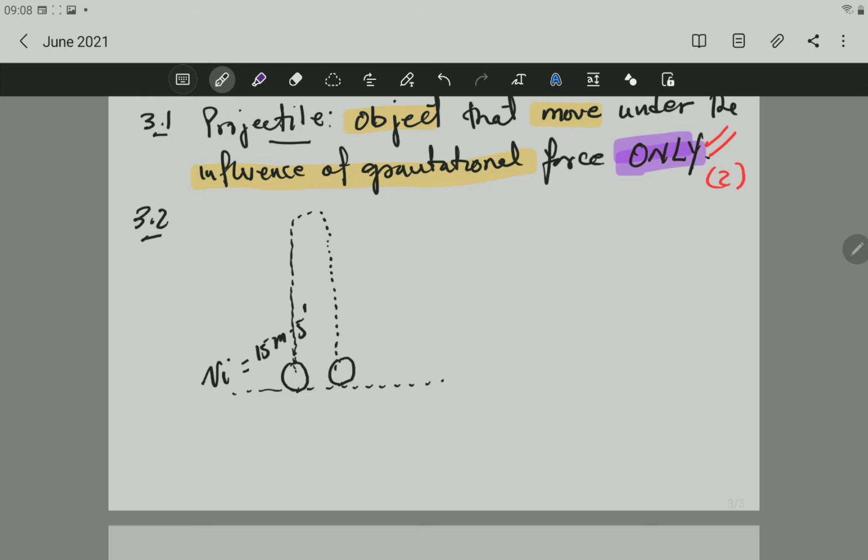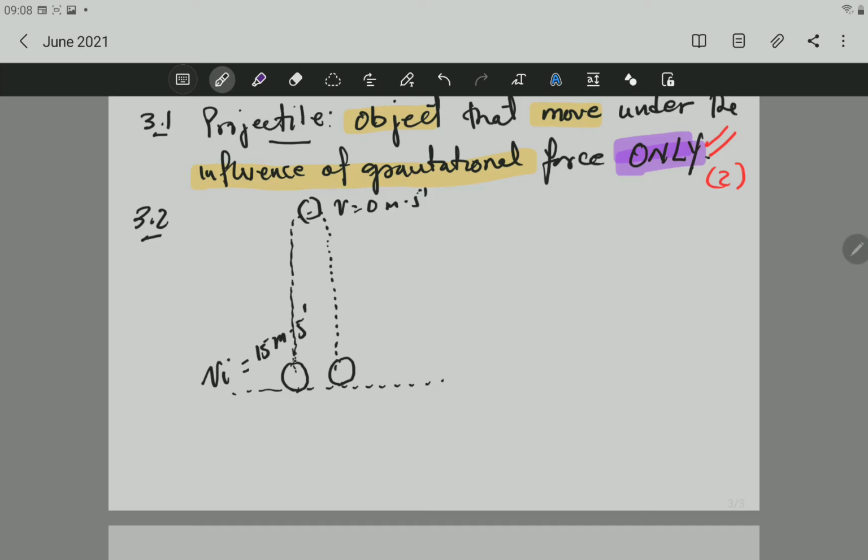Now, when the object is at its maximum height, the velocity is going to be equal to 0 meters per second. This is important to know. There's another important thing to know before we answer this question. The velocity of the object is going to be the same, but in the opposite direction, at the same position.